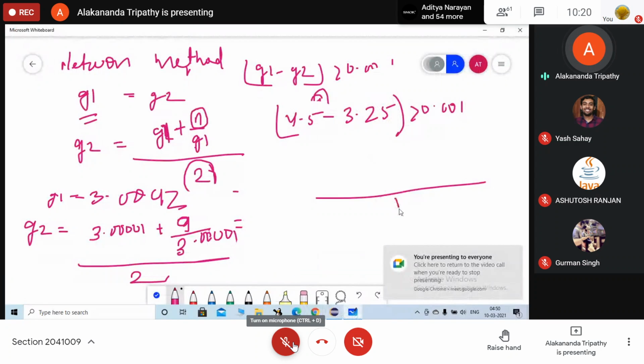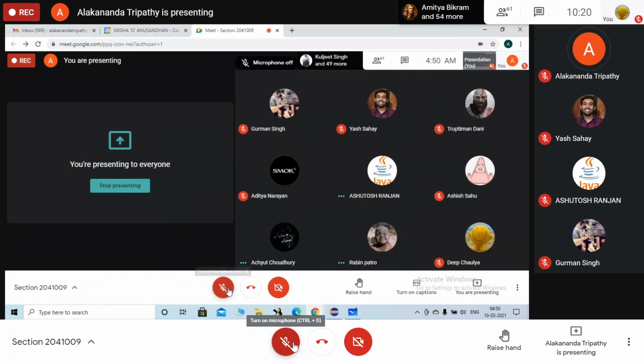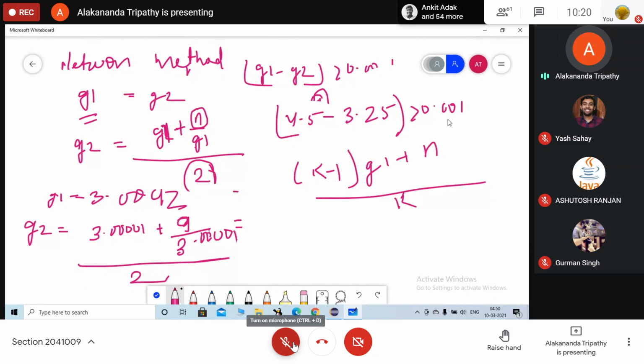Okay, so here let it reach the kth root, k minus 1. This value is k minus 1 into g1 plus n to the power k minus 1 divided by g1. Are you clear?